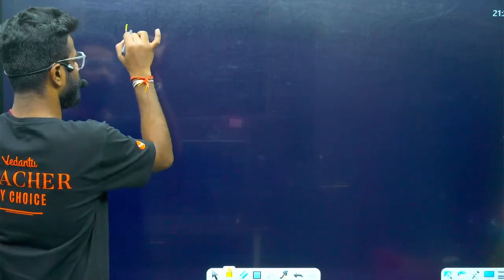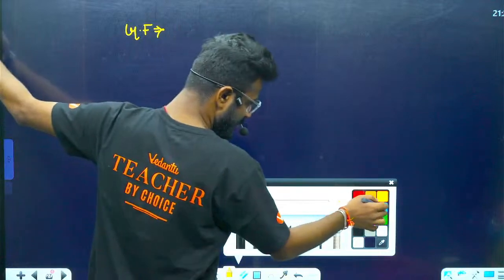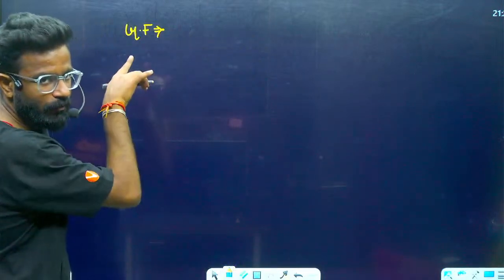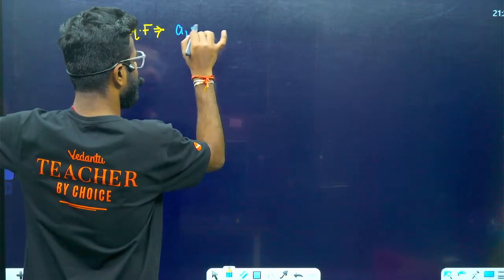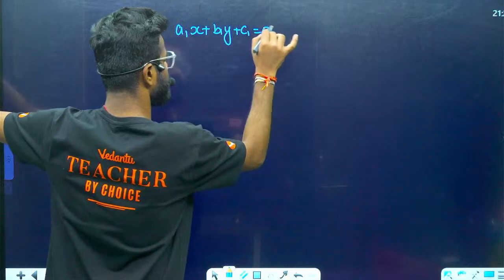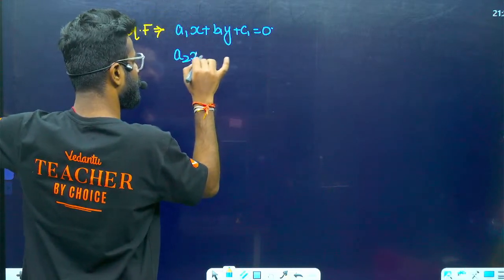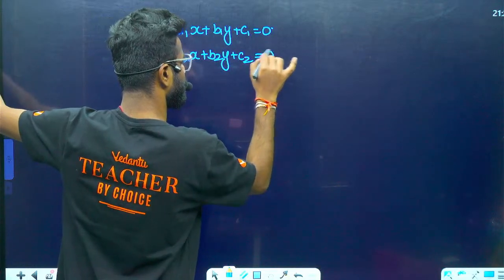Simply, the general form of pair of linear equations in two variables are a1x plus b1y plus c1 is equal to 0 and a2x plus b2y plus c2 is equal to 0.